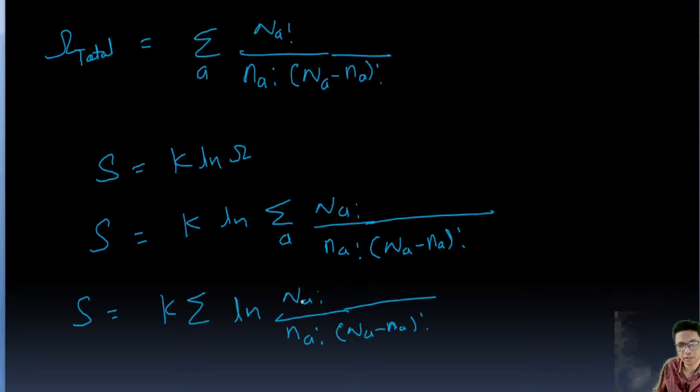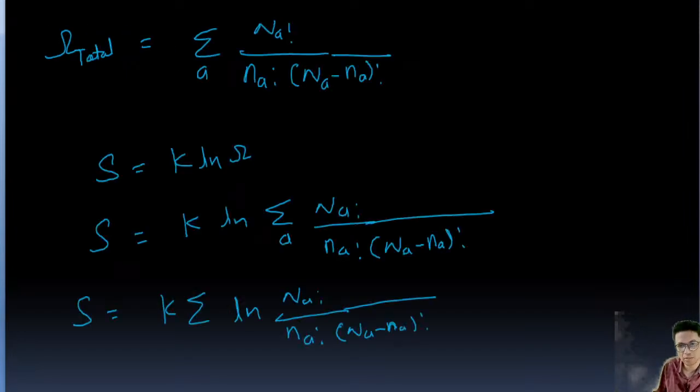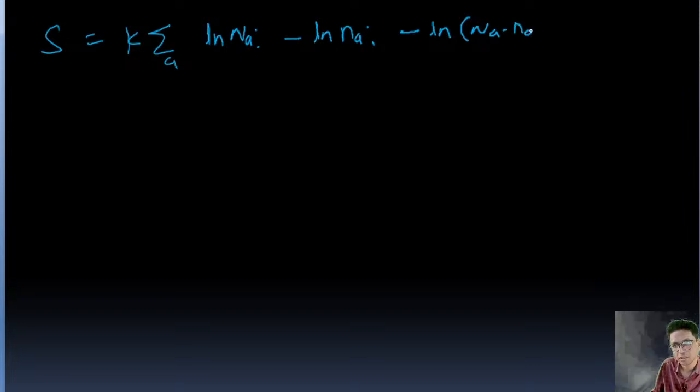Okay, this is the one. Now value of S, we can use the log property here. So this is going to be K sigma A, ln capital NA factorial minus ln small NA factorial minus ln capital NA minus small NA factorial, right?